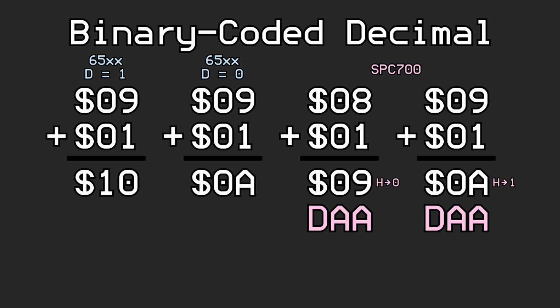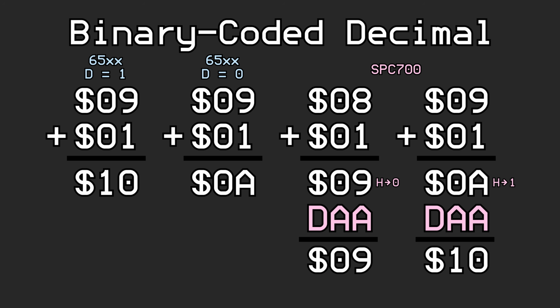The decimal adjustment instructions look at that flag to tell how to work. The DAA instruction will add 6 if needed after an addition, and the DAS instruction will take away 6 if needed after a subtraction. So both processors support binary coded decimal, but implement it in 2 different ways.